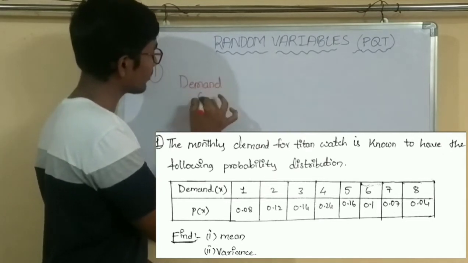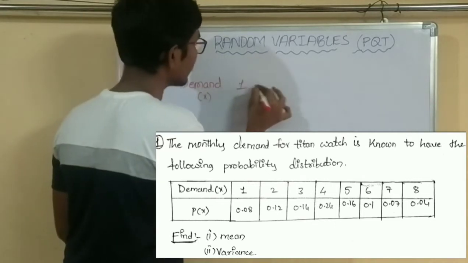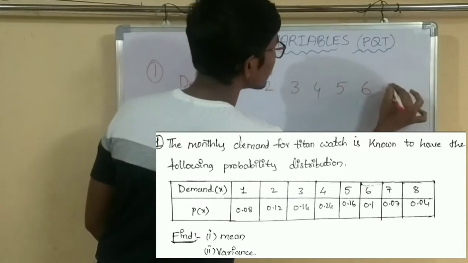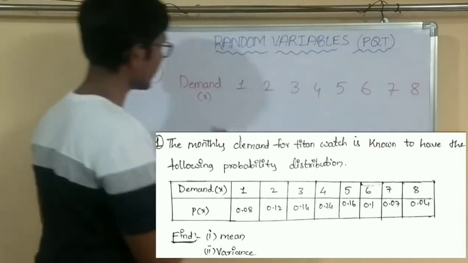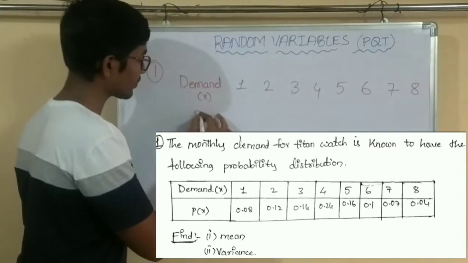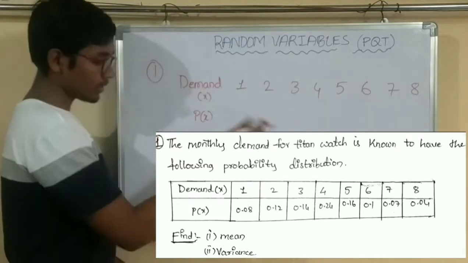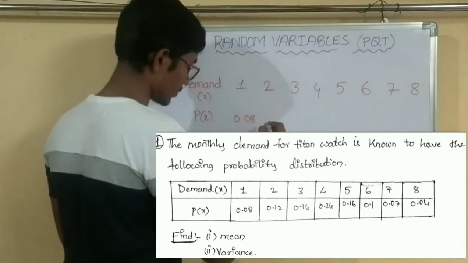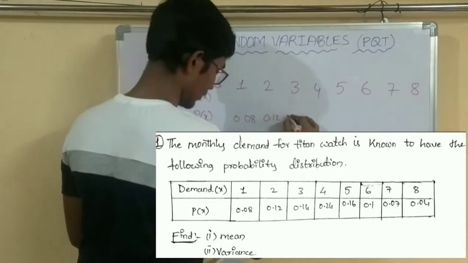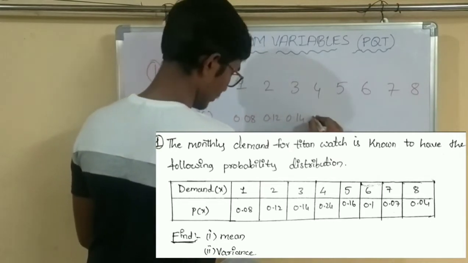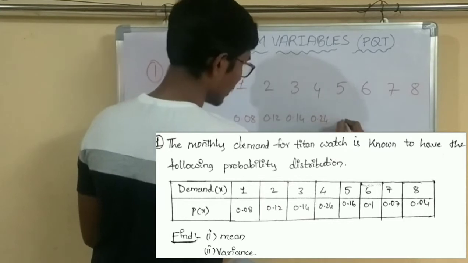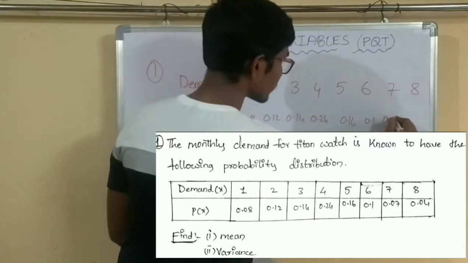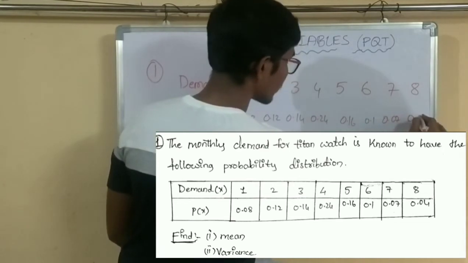Demand x is 1, 2, 3, 4, 5, 6, 7 and 8. Then P of x: for 1 it is 0.08, for 2 it is 0.12, for 3 it is 0.14, for 4 it is 0.24, then 0.16, 0.1, 0.07, and for 8 it is 0.04.